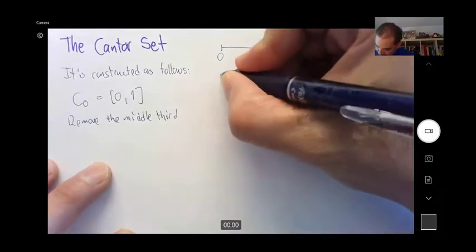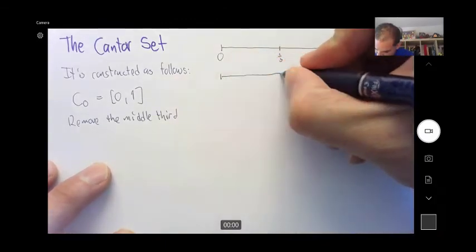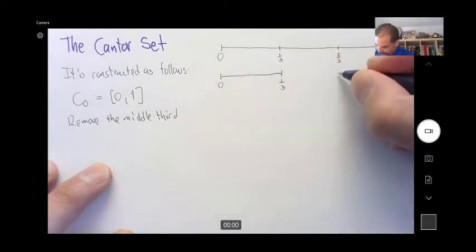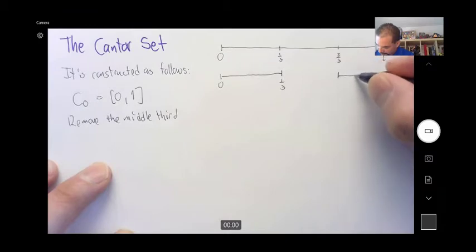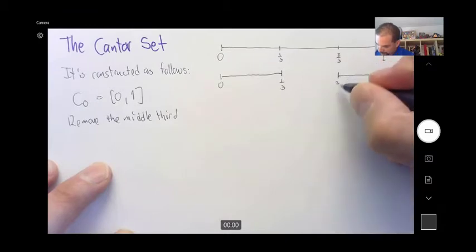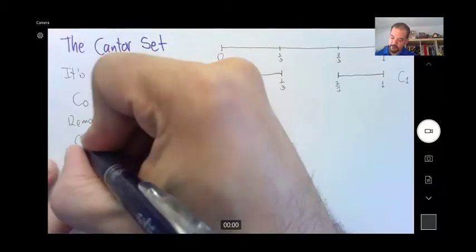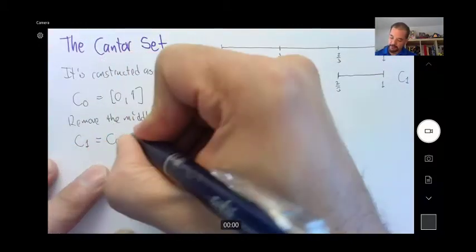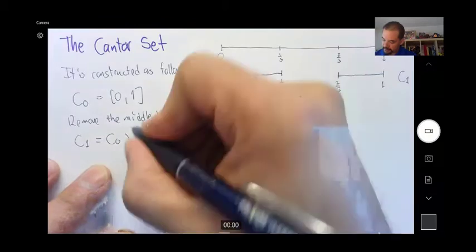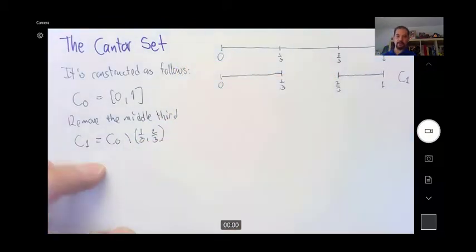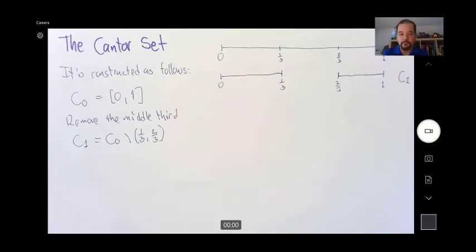So our next iteration, C1, will be from 0 to 1/3, we remove the open interval, by the way, and then from 2/3 to 1. And this is C1. So C1 is C0 take away the middle interval (1/3, 2/3). All right, is that clear?